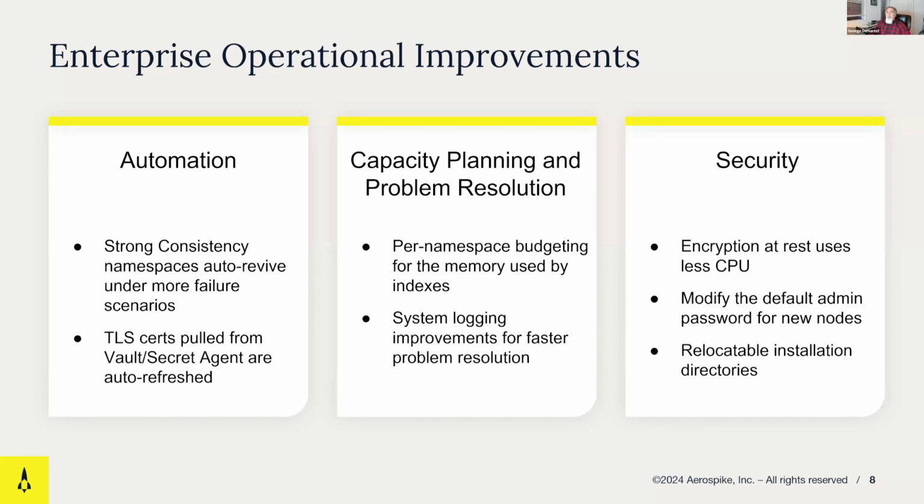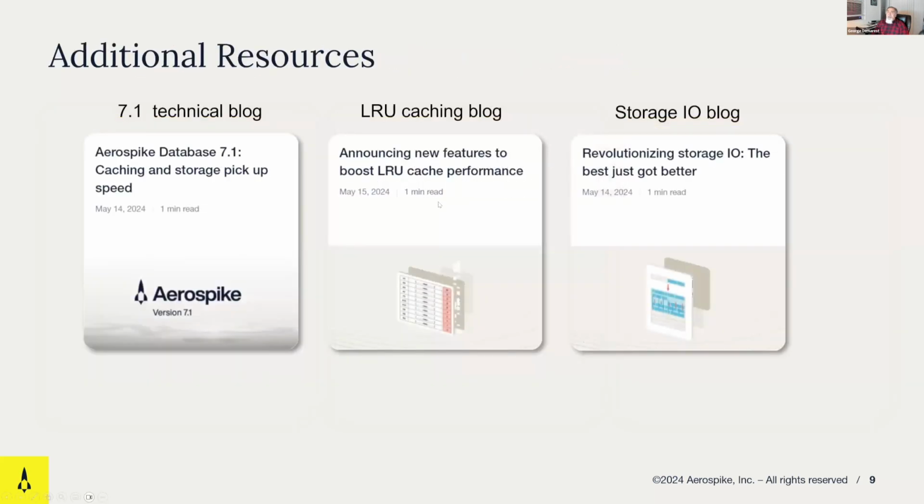So just to give you some direction as to where you can get some more information, the three best resources that are newly released with the product are Ronen's technical blog, which goes into all the areas that we covered tonight with a little bit more detail, and also two developer-oriented blogs, one that discusses the new LRU cache eviction technology, which gives you a bit more depth there, and the second discusses our storage IO feature that Ronen has covered.